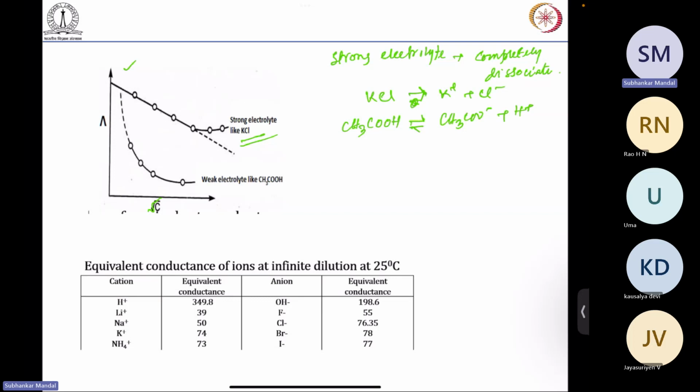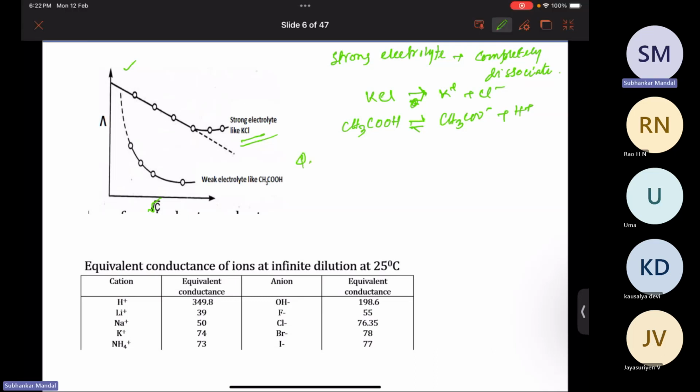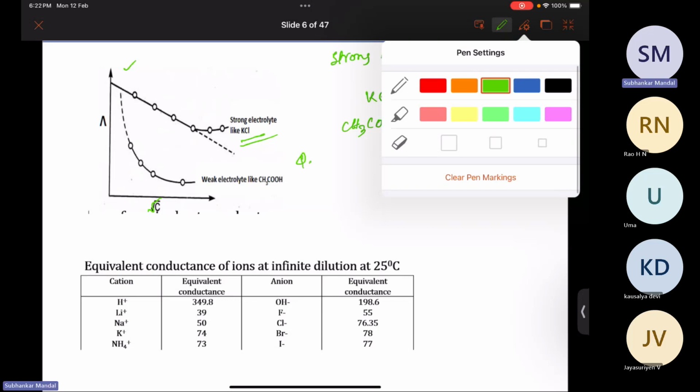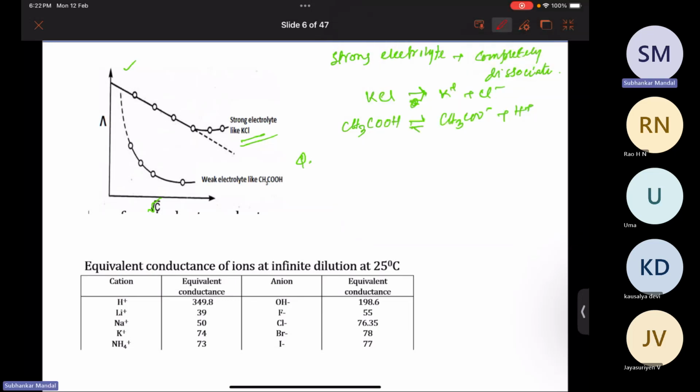Why are these two cases different? Anyone can unmute and tell why this is happening.